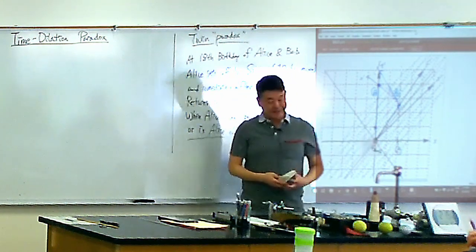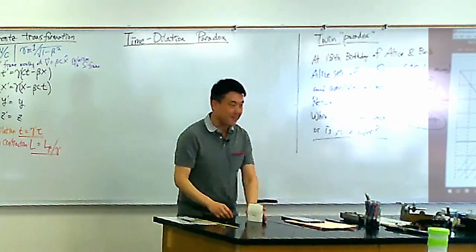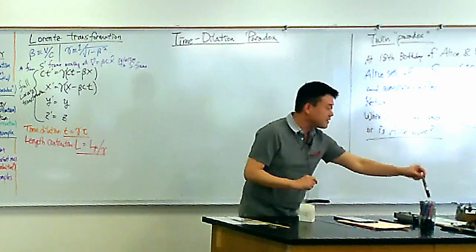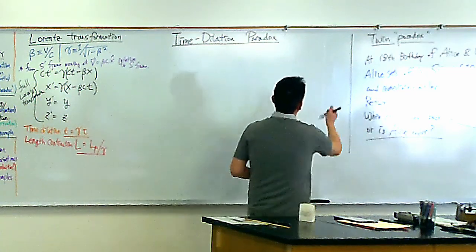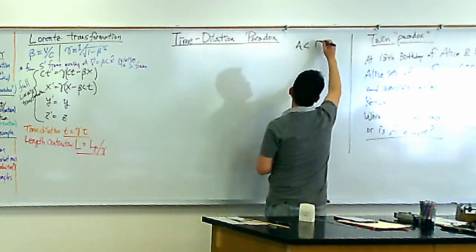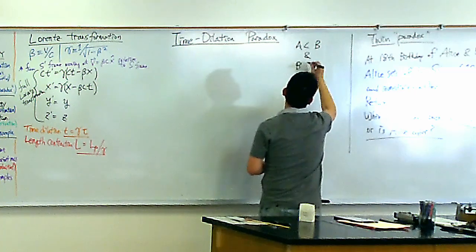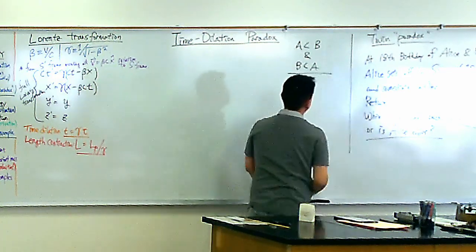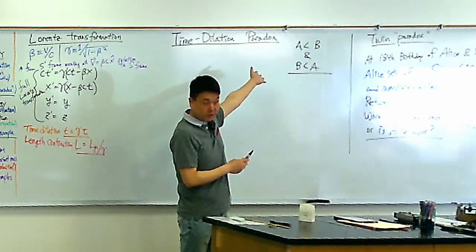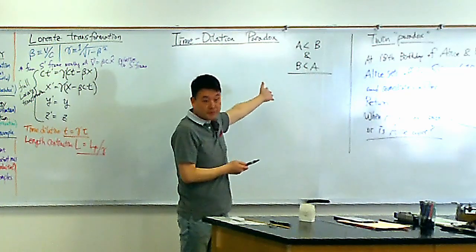It's quite paradoxical when you think about it, because it's like saying A is less than B and B is less than A. This would be a logical contradiction, and that's what a paradox is.